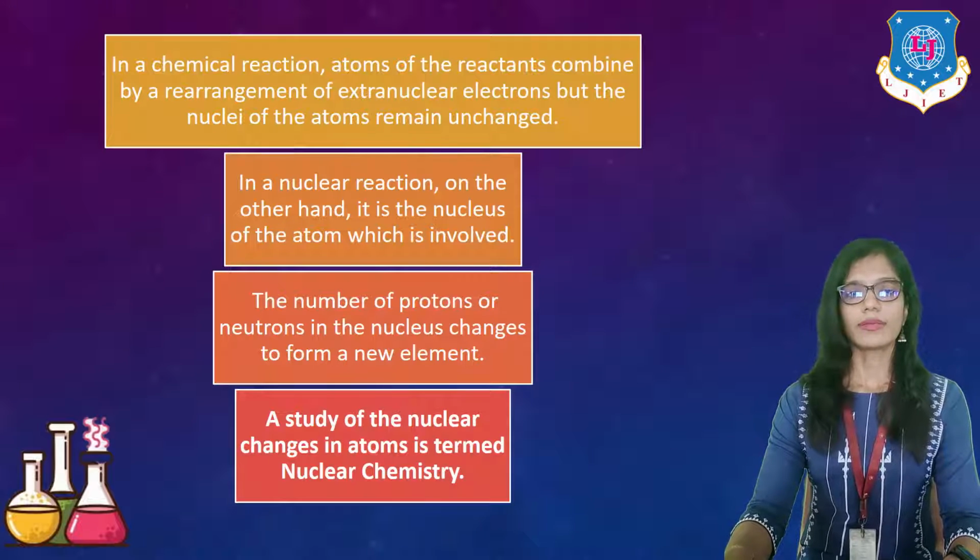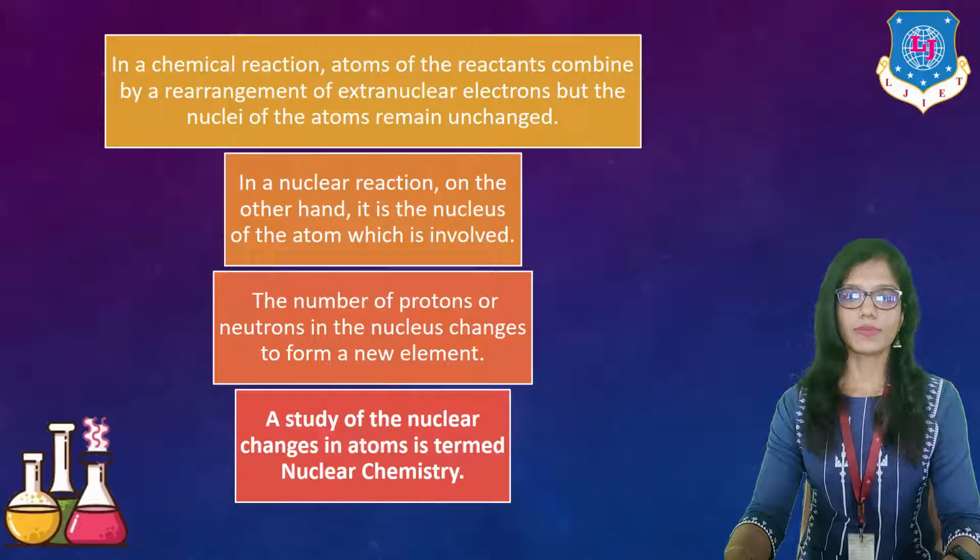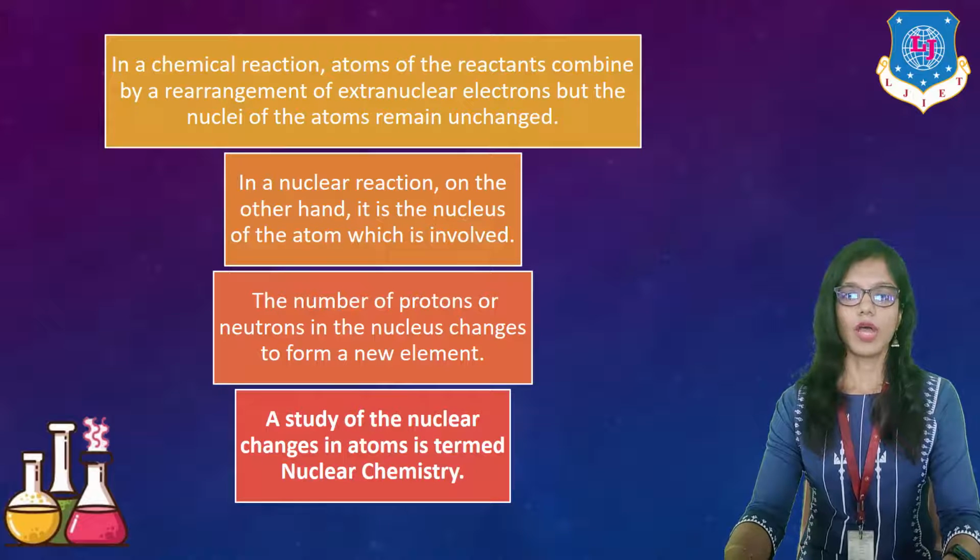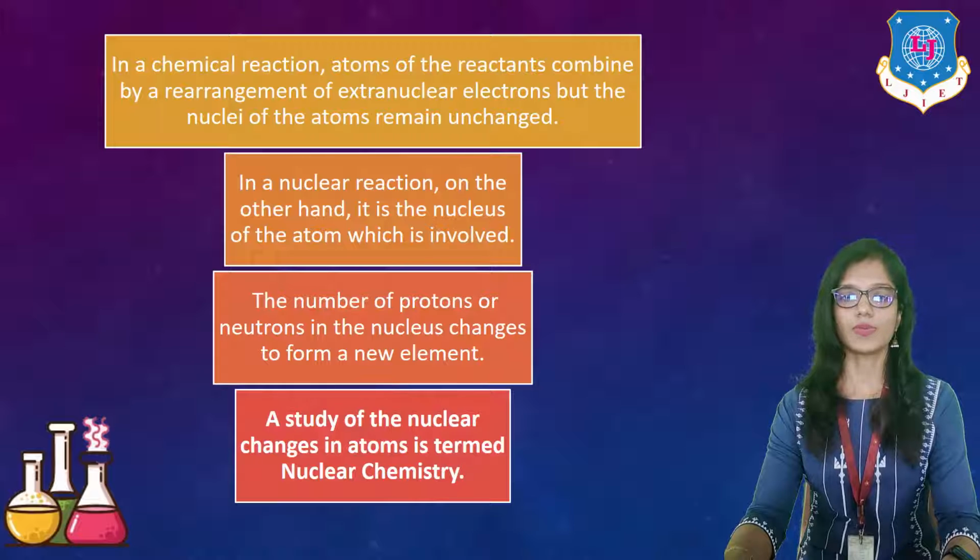We all know that in a chemical reaction, atoms of the reactants combine by a rearrangement of extra nuclear electrons, but the nuclei of the atoms remain unchanged.